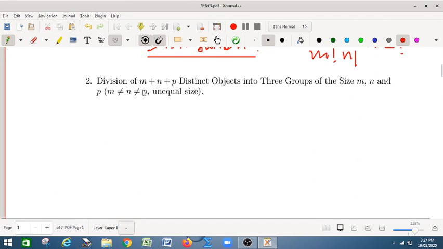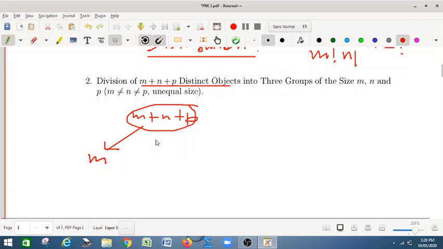Let us take m plus n plus p distinct objects into three groups. Let us have a small diagram for better understanding. M plus n plus p. You want to divide into m objects, n objects and p objects. All are distinct.